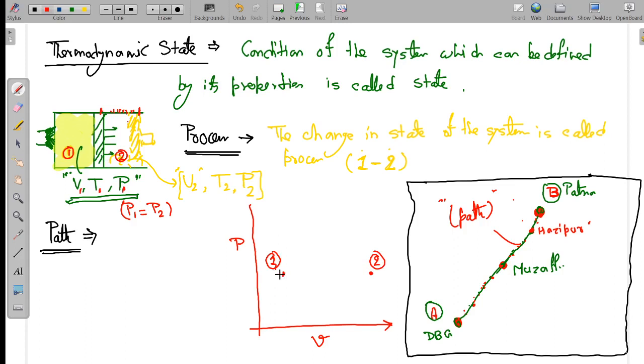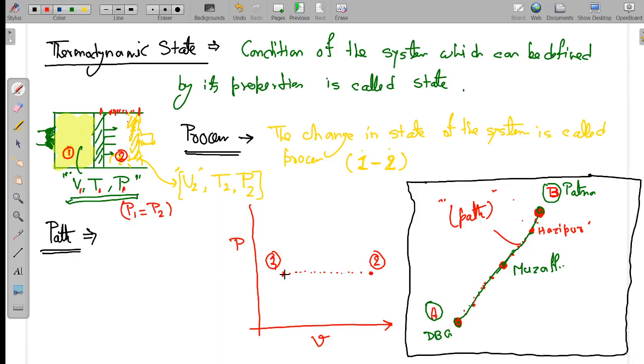But for going from one state to another state, the system passes through a number of states, a number of values of volume. Here you can see that at this point the volume will be different. Similarly, at this point, there are infinite points through which the system would have passed to reach from state 1 to state 2.